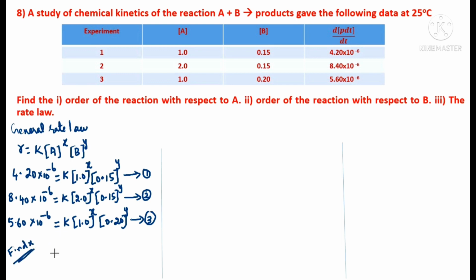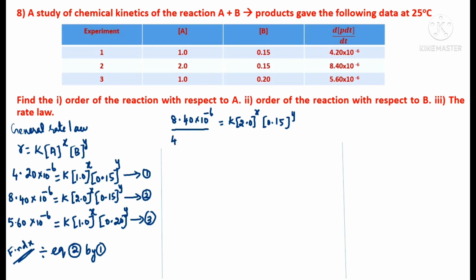For this I am going to divide equation 2 by 1. So what is equation 2 now? Write. It is 8.40 into 10 to the power minus 6 is equal to K into 2.0 power X into 0.15 to the power Y. Now I am going to divide this equation with equation number 1.